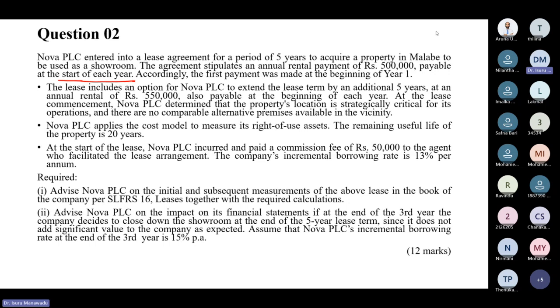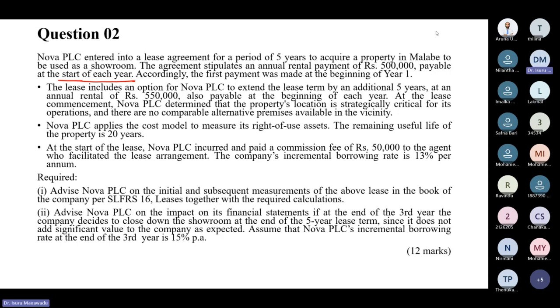In order to depreciate the right of use asset, we should consider whether legal ownership is transferred to the lessee at the end of the lease term.